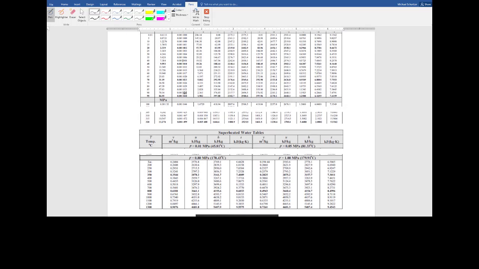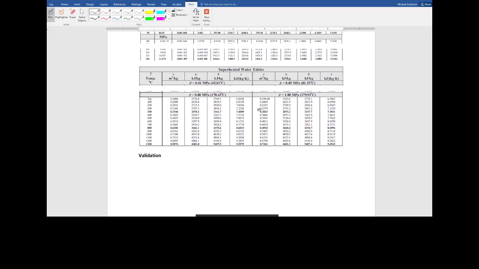So I need to go down here to my state tables. So I have 10 bar, right? And in this case, the saturation temperature, it tells me, is 179.91.